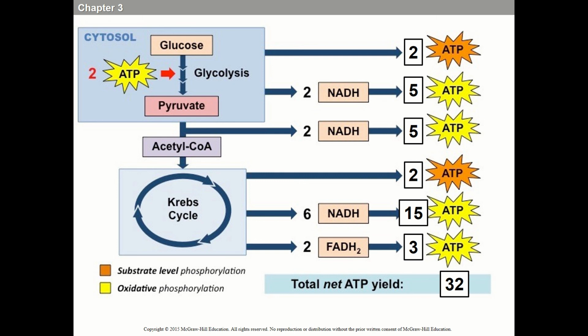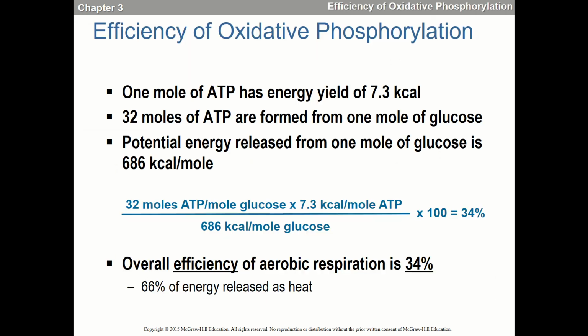Now the NADHs right there, getting 15 ATP out of that because 6 times 2.5 is 15. Just memorize that if you don't want to do the math. FADH2 is 2 times 1.5 equals 3. Hopefully everyone's good there, right? So then we get a net yield of 32. Okay, so there's only really 1 point, and this very last bullet is the main thing I want you to know about this.